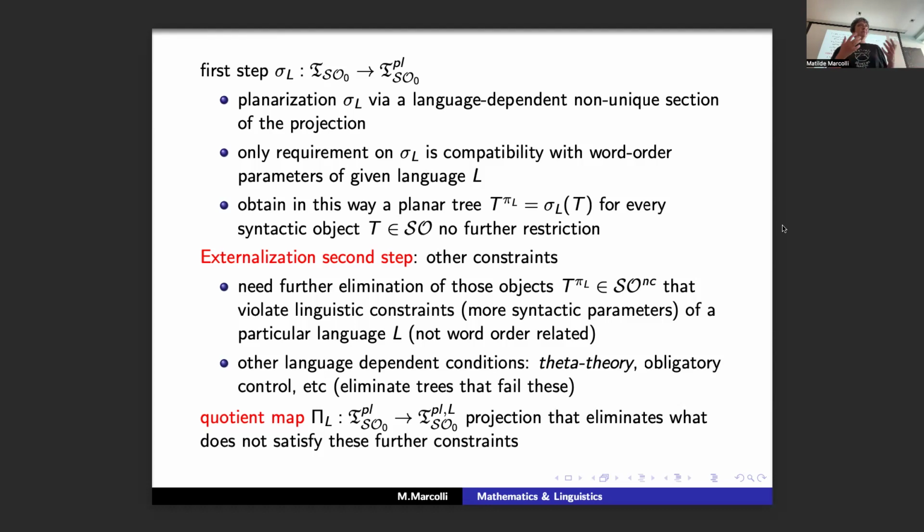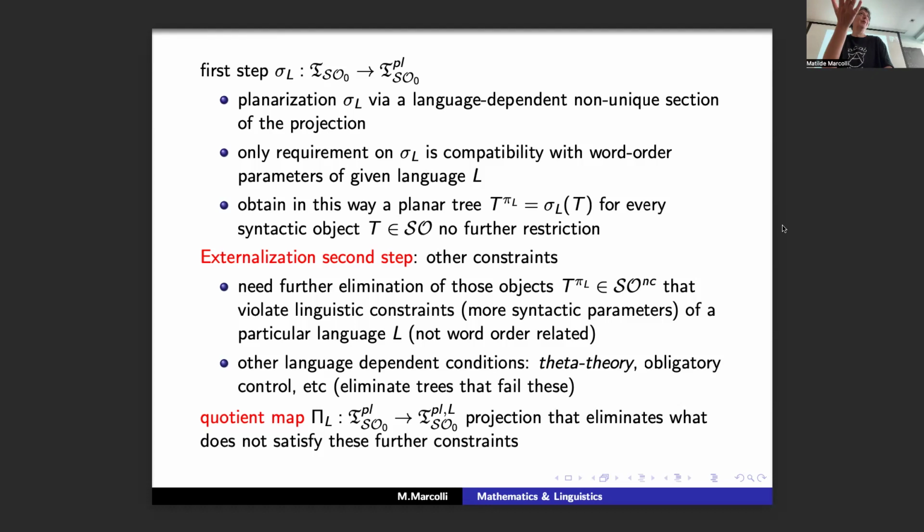But indeed, it's slightly different from other syntactic parameters, in the sense that with word order, you're right, there's no default setting for which others are exceptions.